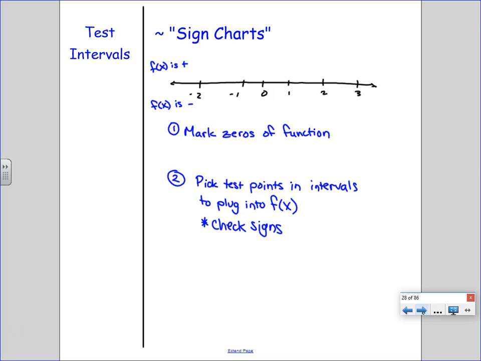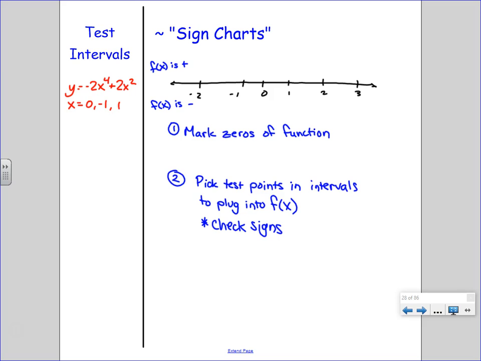So what we do is we take the example like the page before, which was negative 2x to the fourth plus 2x squared, and we got the zeros to be, at the end of the day, x equals 0, negative 1, positive 1.